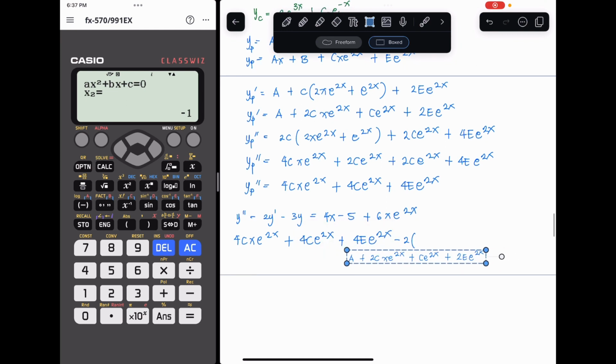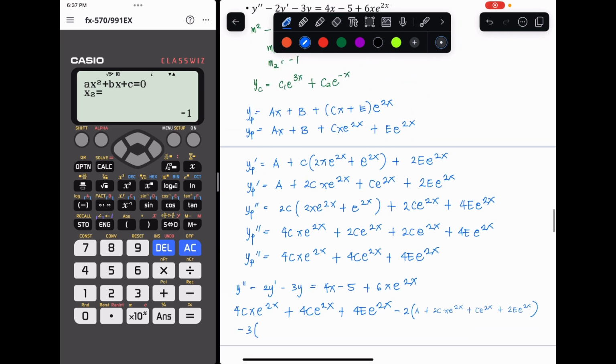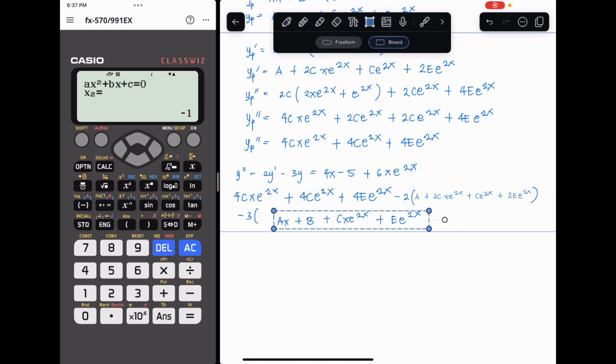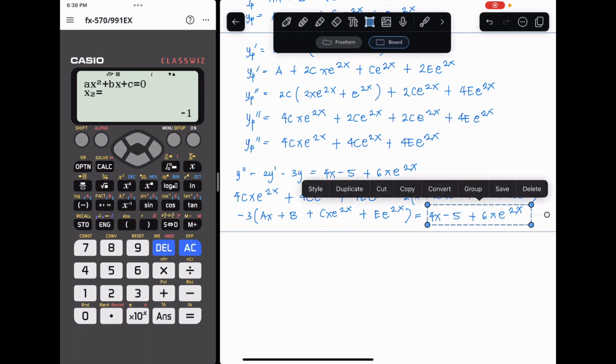I'm going to reduce it. And then lastly, I'll have minus 3, multiplied with our yp, which will be equal to this one.